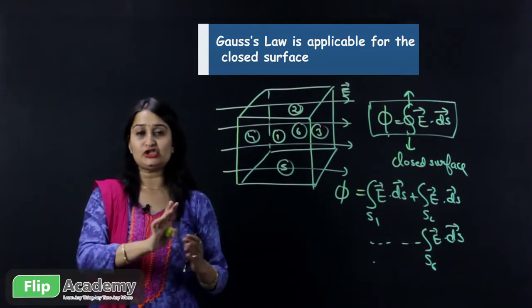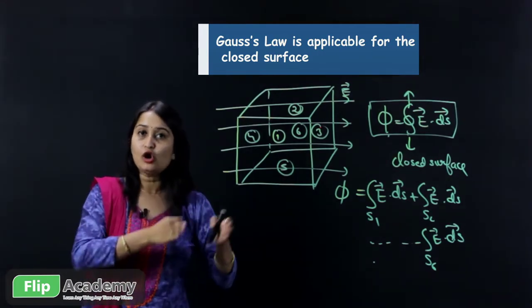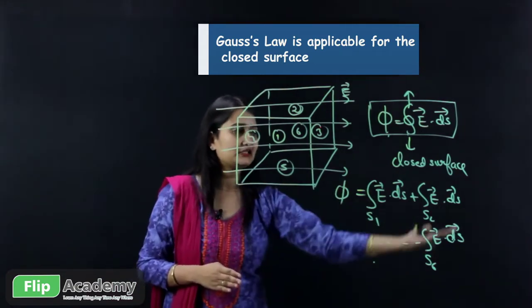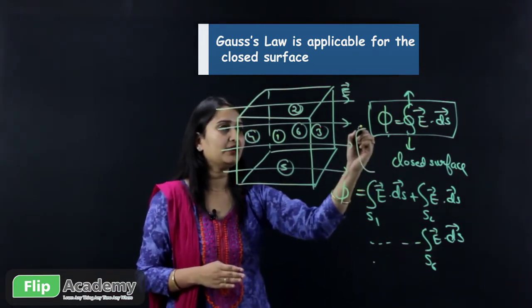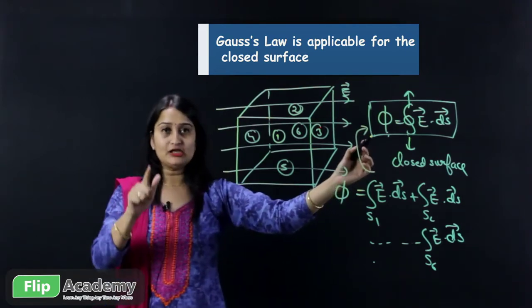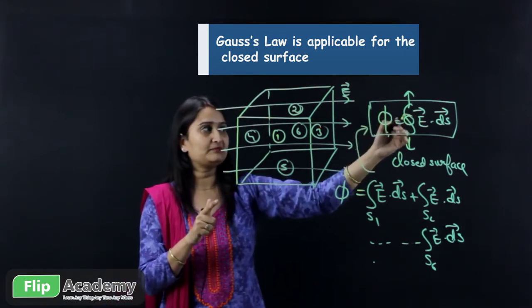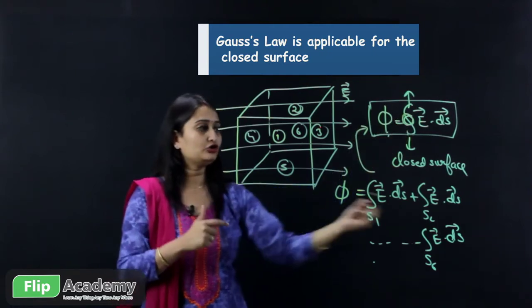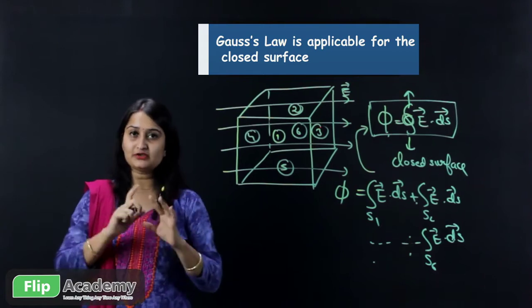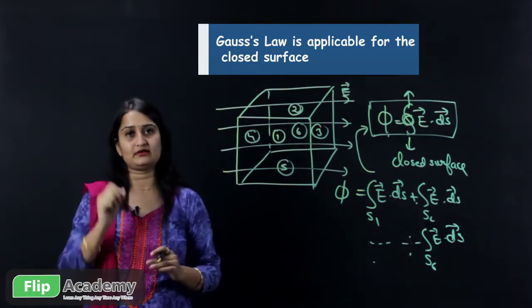And what is integration? Integration is adding of all individual values. That's why if we summarize this formula, so you will get one formula, which is this. This formula shows that the value is taken within a closed surface because the sign is there, and all values are added up, like we are adding all the surfaces. So this is all about the closed surface.